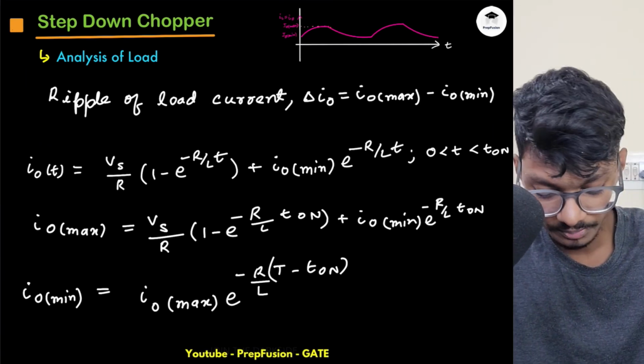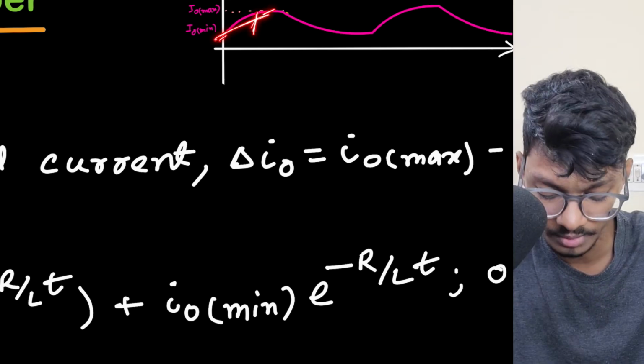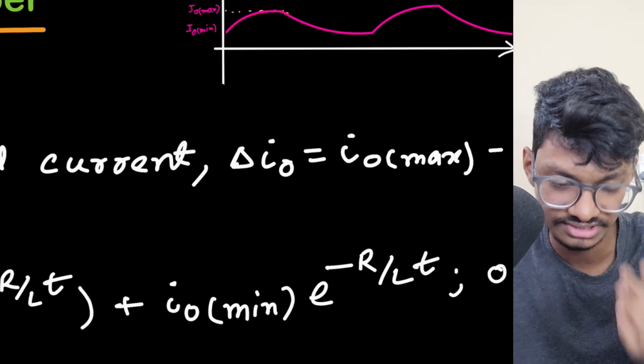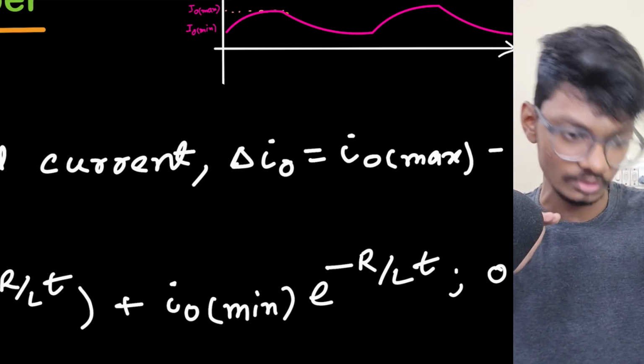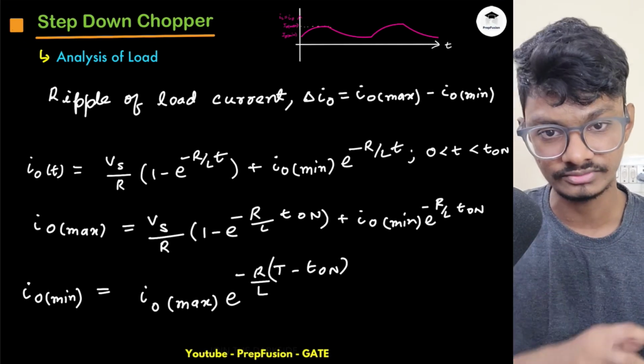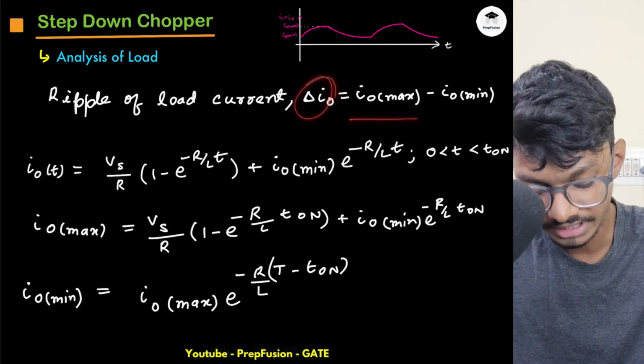Okay, so ripple means basically this, right? This from minimum to maximum. What is the difference? How much is it rippling? How much is it changing? Because I don't want very wide values. I want DC, right? DC means a constant value. So I have to take care of this as well, so that the ripple is minimum. So here, delta IO is IO max minus IO min.